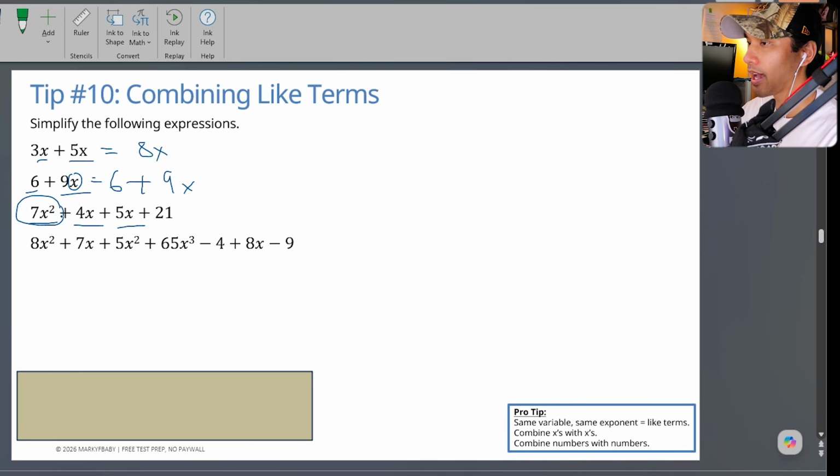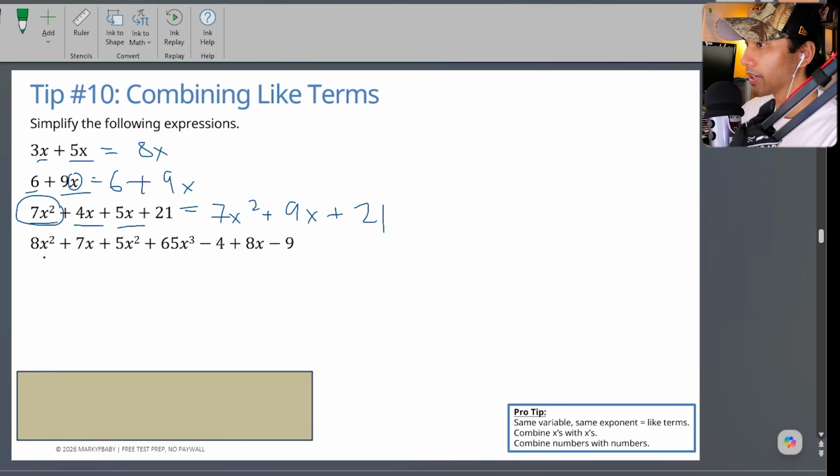This cannot be combined with the 4x and the 5x. The 4x and the 5x can be combined though. So the simplified expression is just 7x squared plus 9x plus 21.